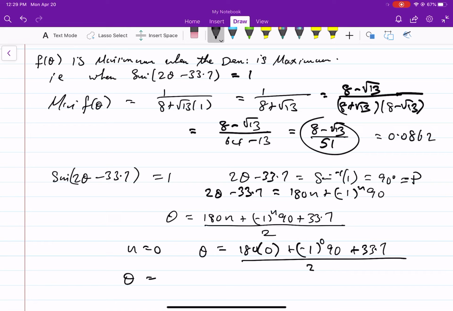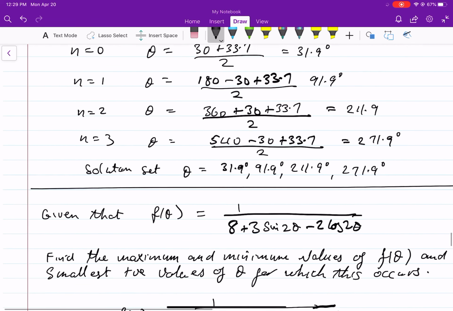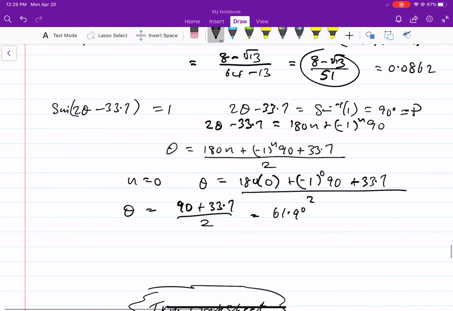Minus 1 to the 0 is 1, so that's just 90 plus 33.7 upon 2, which is 61.9 degrees. That would be the smallest positive angle.